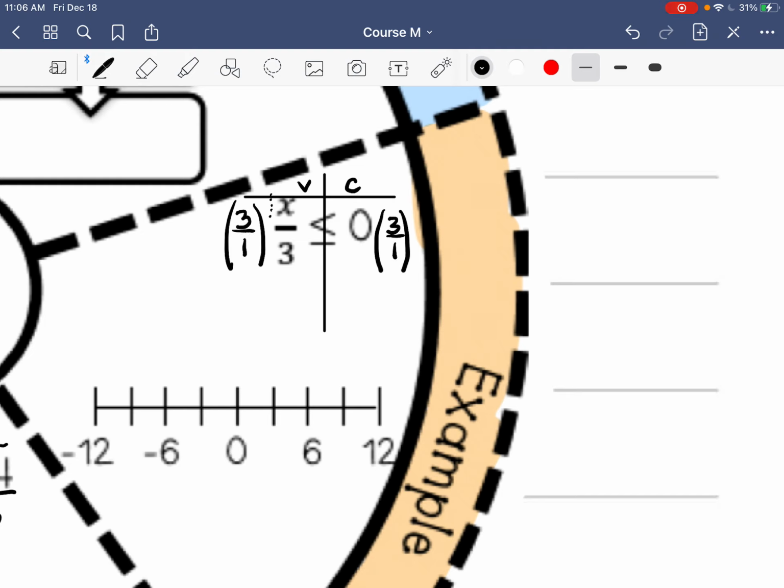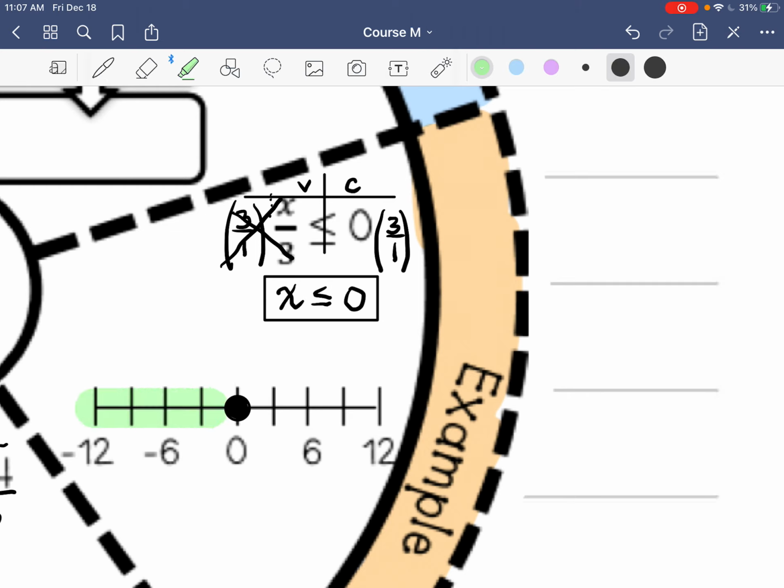It's positive, so you don't have to reverse anything. So that leaves me with an x to copy and a less than or equal to 0 times 3 over 1 is 0. 0 times anything is an automatic 0. So my interval goes at the 0. It is closed. And the arrow's pointing left, so we shade to the left. It is less than 0.